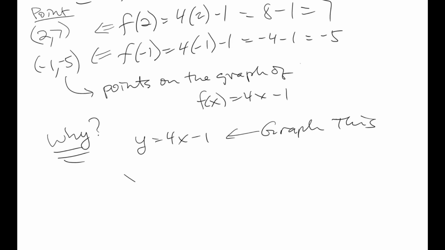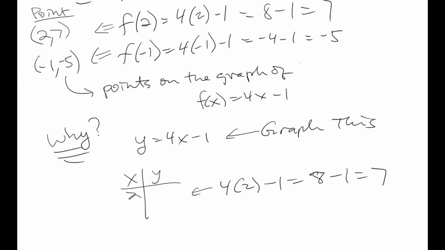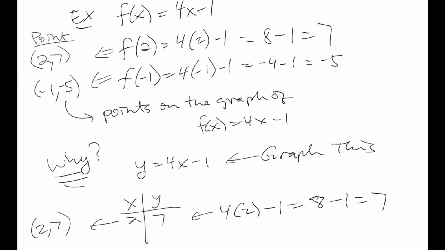So if I were to plug in 2, I would get 4 times 2 minus 1 is 8 minus 1, which is 7. I get 7 here. And you know that (2, 7) is a point on the graph. Well, that's what we got before, (2, 7).